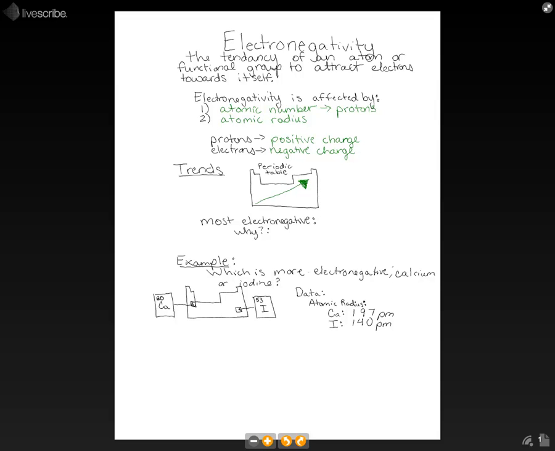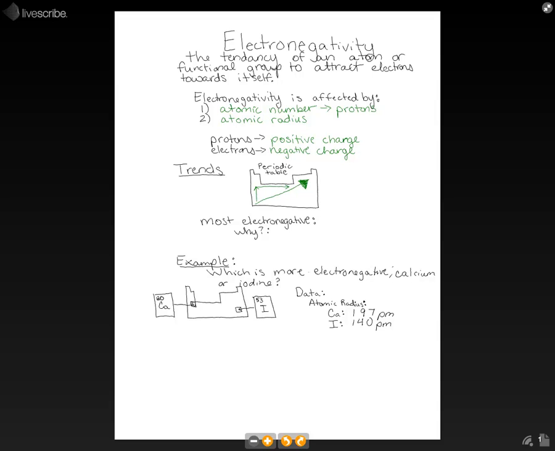And this makes a lot of sense because atomic radius also decreases as you go up and to the right. And the number of protons increase across a row. So therefore you have the most protons possible in one row or one period on the right hand side, and you have the smallest radius in the top of the periodic table.